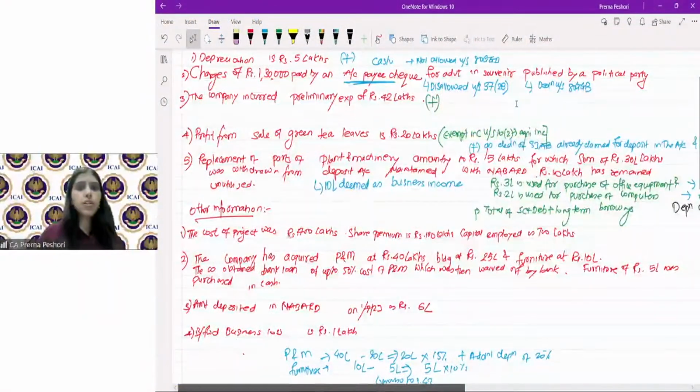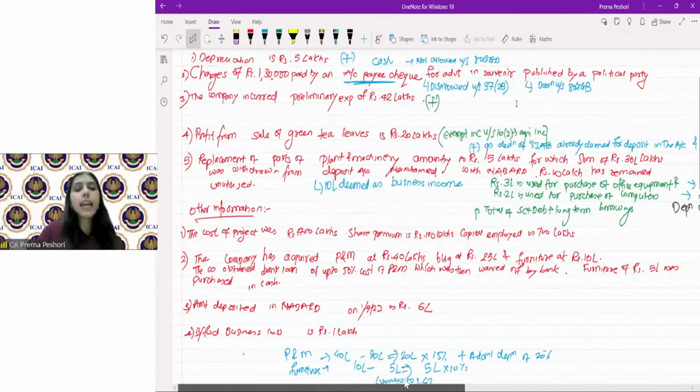Yes, students. So what is the answer that you are getting? Yes, let's solve together. Viraj, if the amount has been waived, as we saw in the last question also, section 43(1) says that if any cost of the asset is met by any other person, that will not be considered as part of the cost.